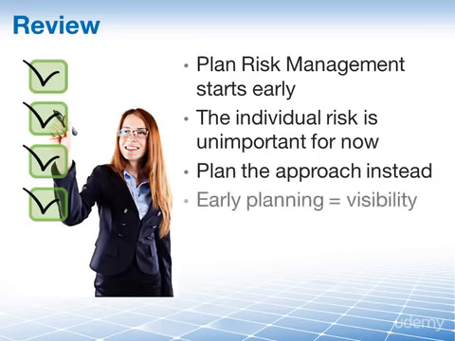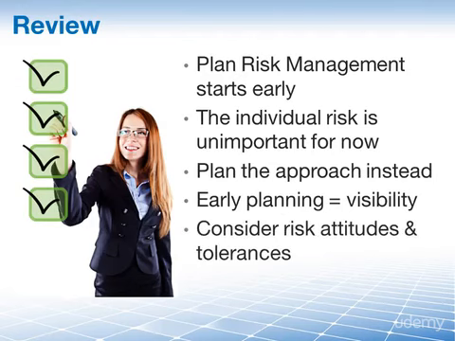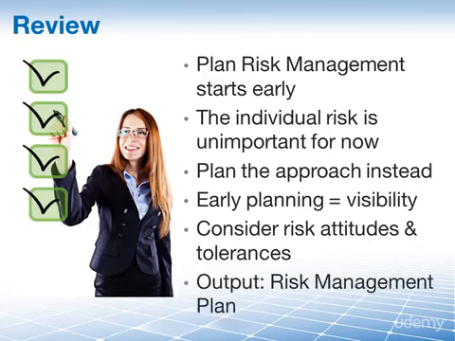By planning your risk management approach like this early on, we will ensure that risk management receives the appropriate visibility to the stakeholders and corresponds with the size and strategic importance of the project in the organization overall. Risk attitudes and risk tolerances of both the company and our stakeholders are an important input, and of course the risk management plan is our only output.